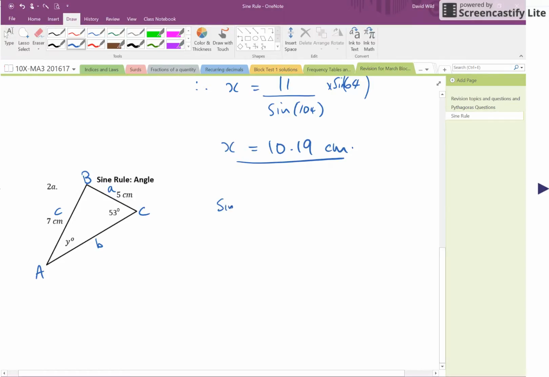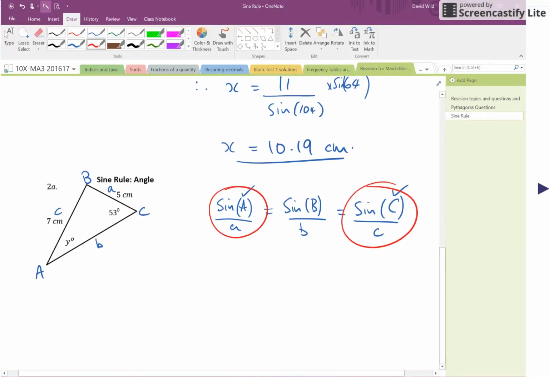So we're going to have the sine of A over a is the sine of capital B over b, which is the sine of capital C over c. And we're going to involve the angle A, and the other angle that we know, which is C. So we're going to form an equation involving this term here and this term here.